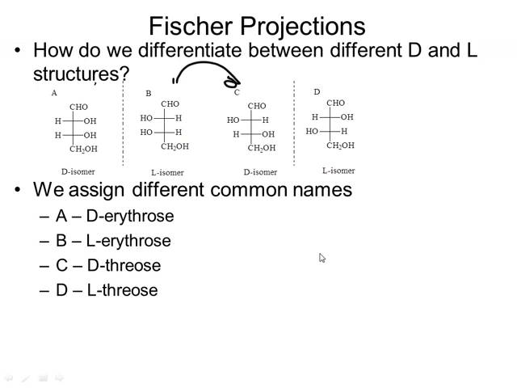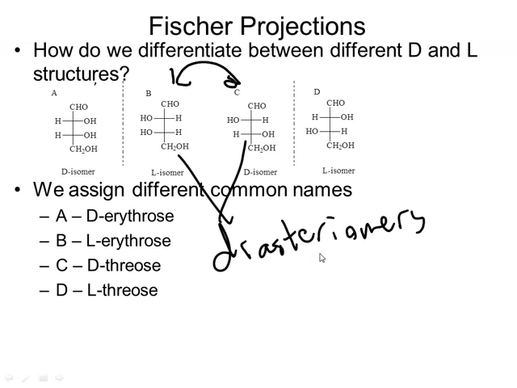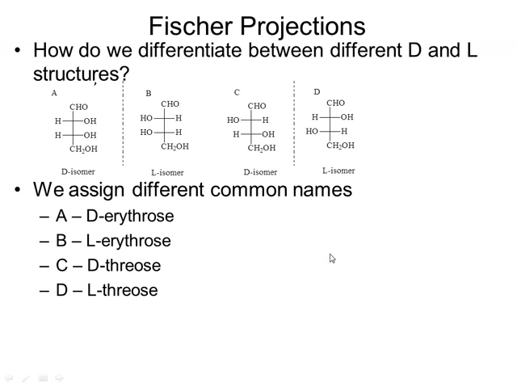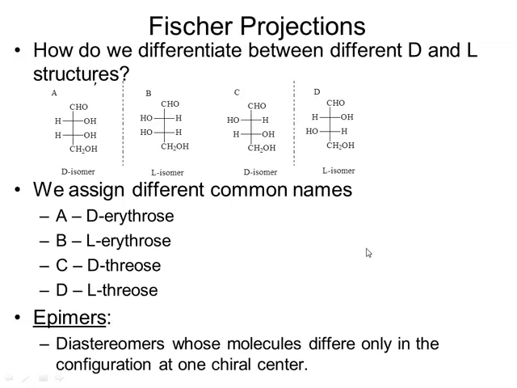These are not enantiomers. These are, in fact, diastereomers, right? They have different chiralities, they have different arrangement, they are stereoisomers, right? But they're not enantiomers because they're not mirror images. But they are diastereomers. More specifically, they are epimers.